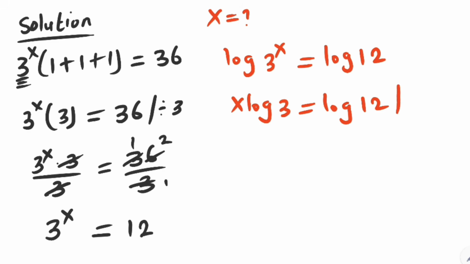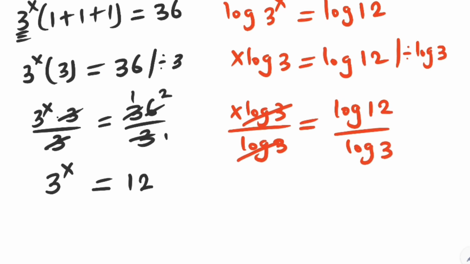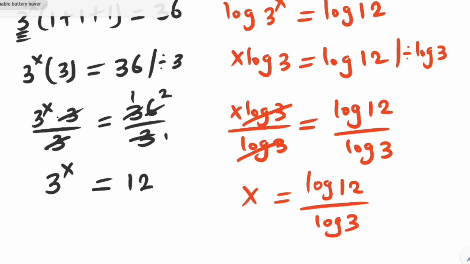Let's divide both sides by log 3. x log 3 divided by log 3 is equal to log 12 divided by log 3. This log 3 cancels this log 3. x is equal to log 12 divided by log 3.